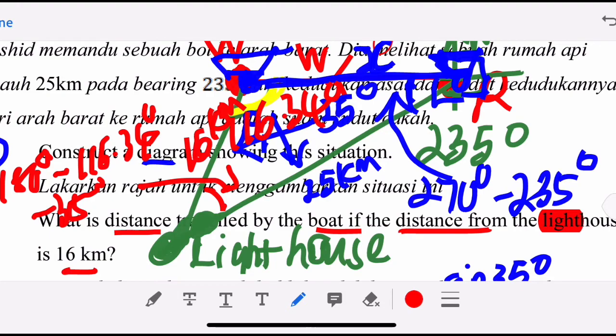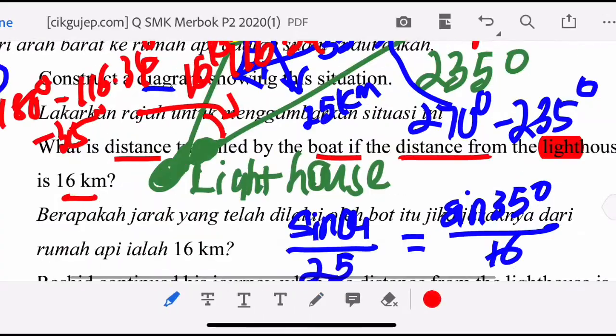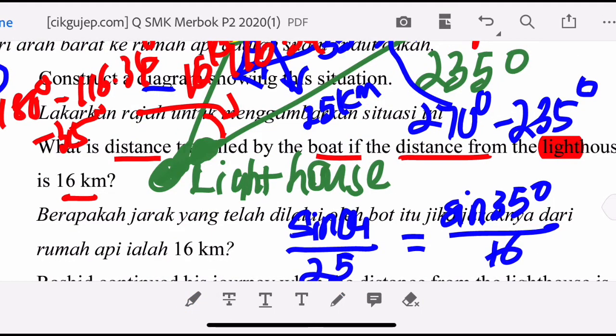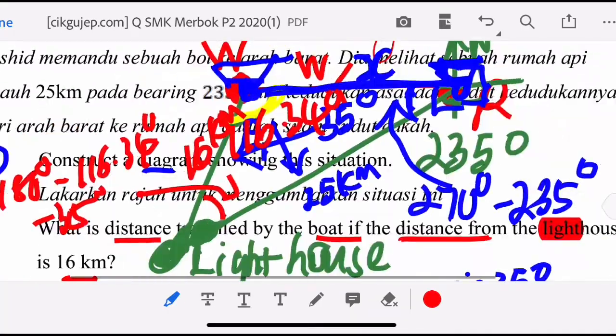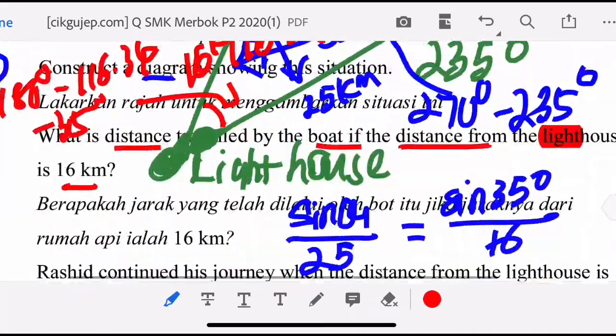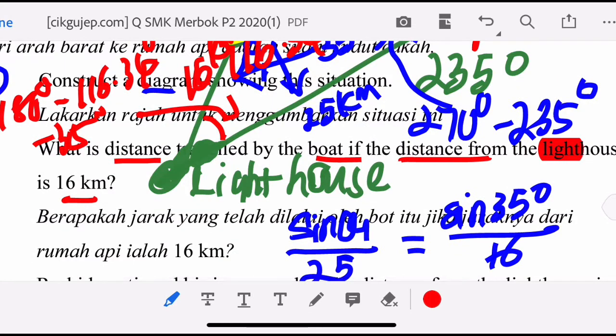Let's say you have the answer for this angle. You want to find the x, right? Let me show you. So we draw again. You work out the angle for me. Now I'm going to label the angle here.